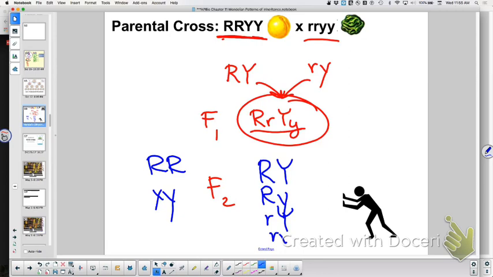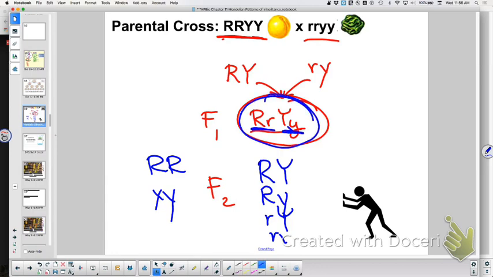You got a law for that. Law of segregation. Okay, so the law of dominance tells you that this individual will have round and yellow peas.